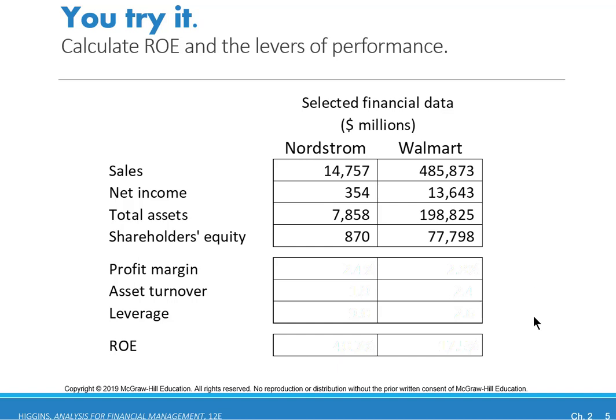So what I would like is for you to pause this just for a second and try to figure out what these numbers actually are. Go ahead and pause, calculate those numbers out, and find out something about the return on equity for these two companies that are competitors.